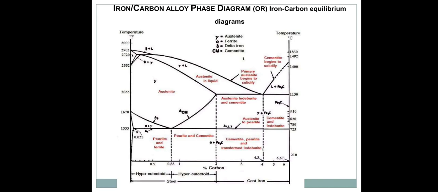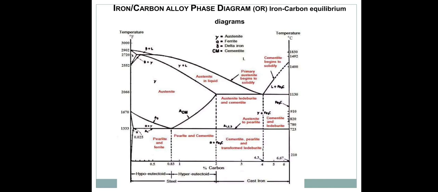Then, if the steel is slowly cooled to temperature B in the figure, above 775 degrees centigrade, pro-eutectoid ferrite will nucleate and grow mostly at austenitic grain boundaries.